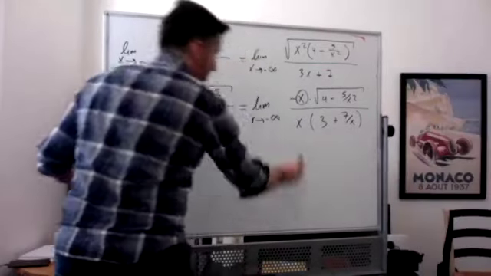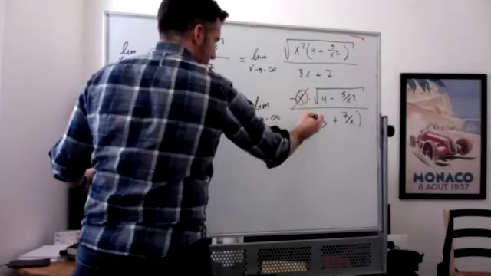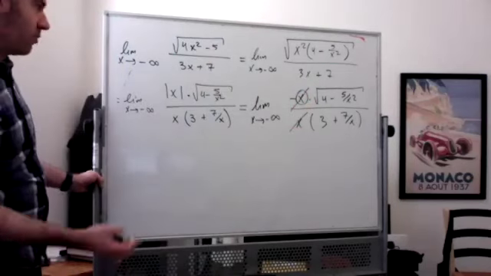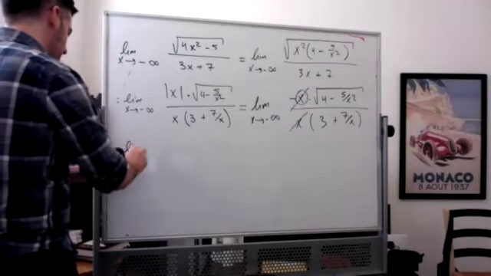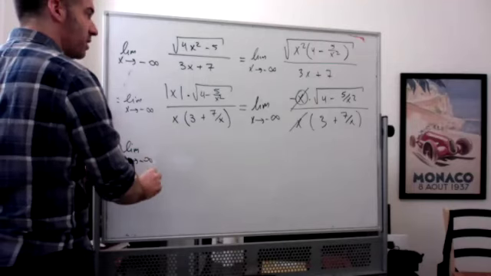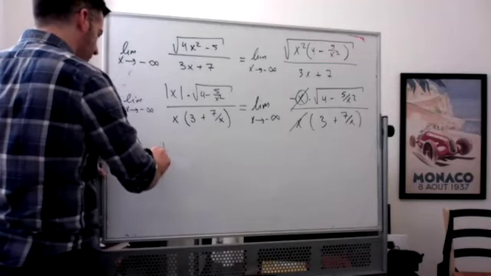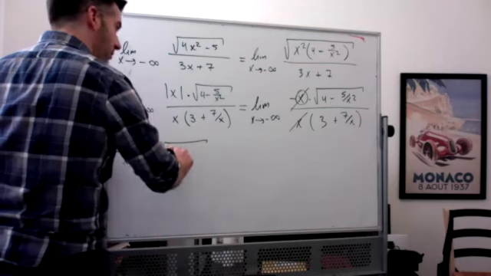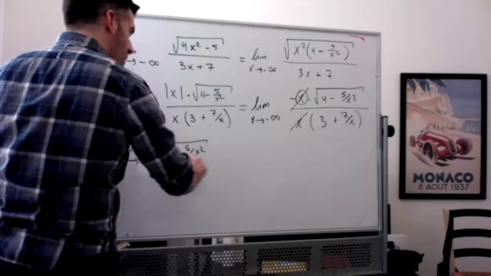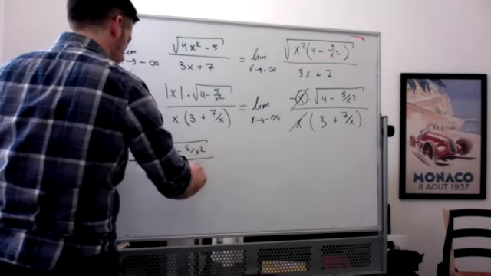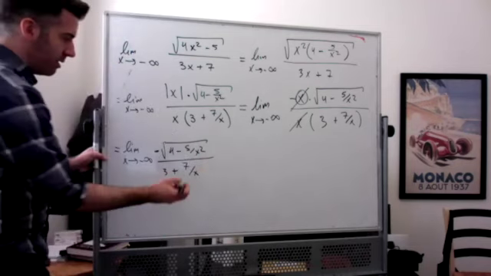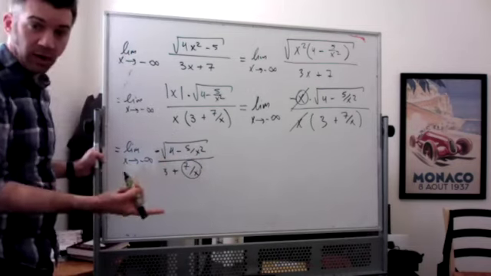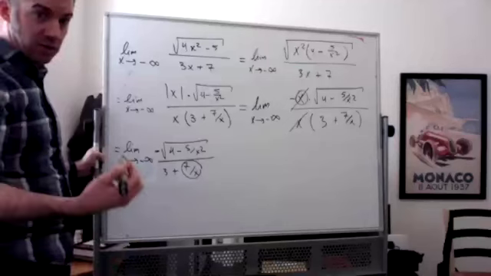So then this x cancels with that x. And we're left with the limit as x goes to minus infinity of negative the square root of 4 minus 5 over x squared, over 3 plus 7 over x. And then just like in the previous problem, the things divided by x go to 0.